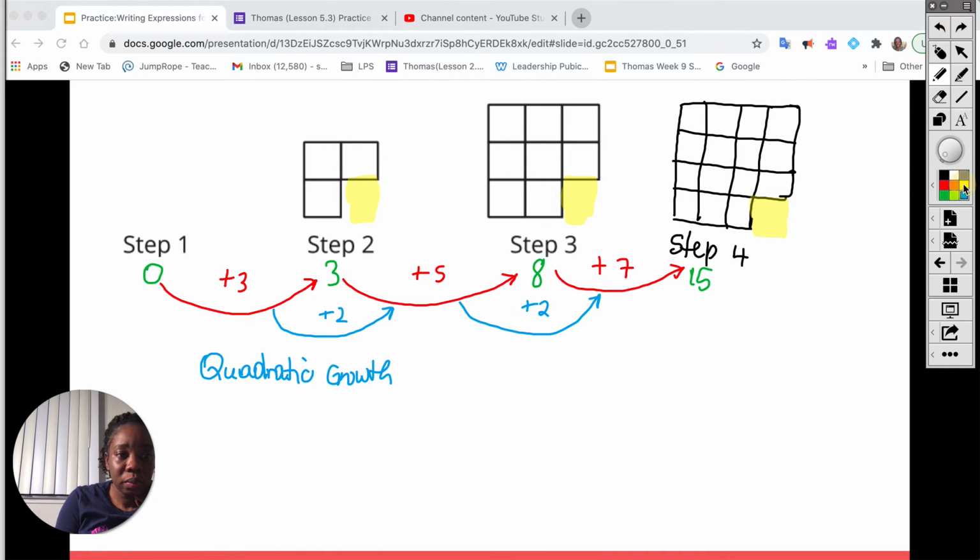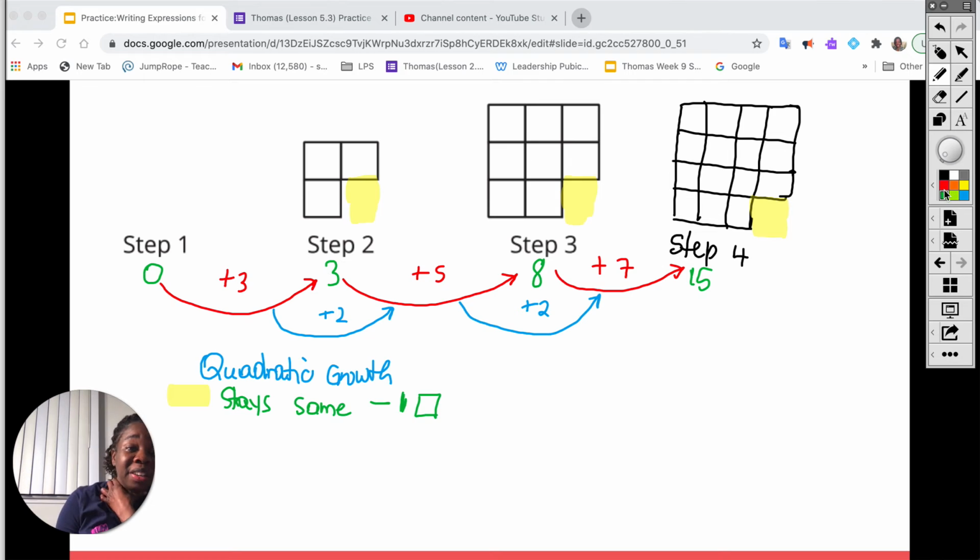So what's staying the same? It says we're subtracting 1 square.